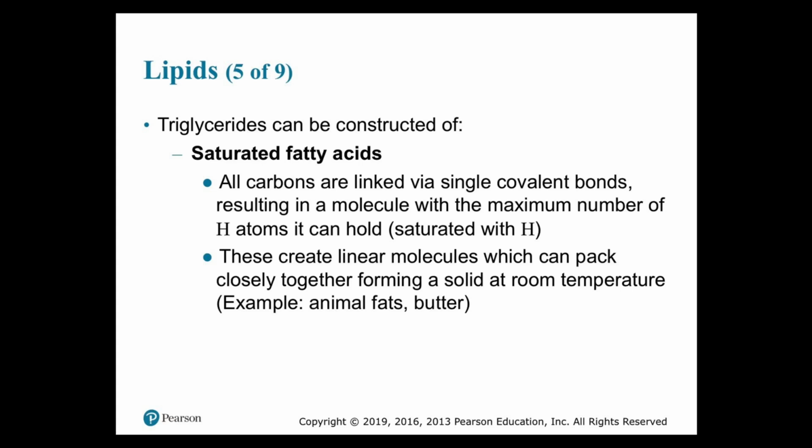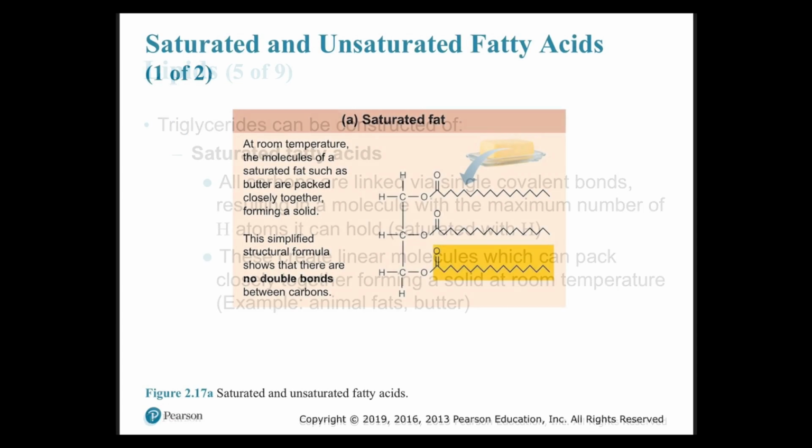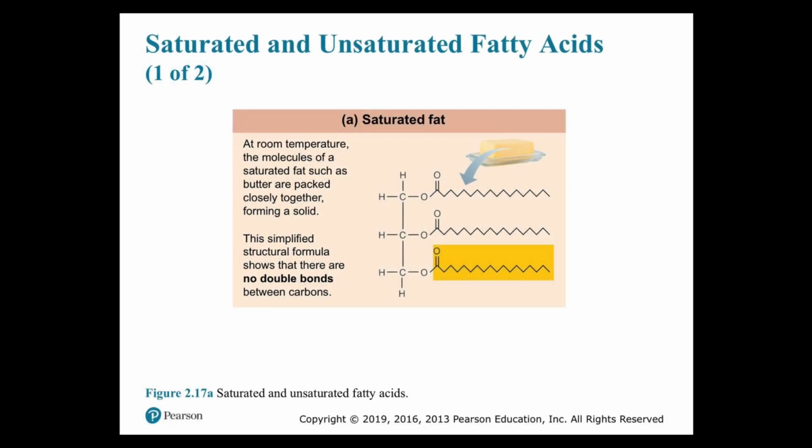Examples: you would find saturated fatty acids in animal fats and butter. At room temperature, butter is solid, and it's because of the linear structure of the fatty acids. Figure 217A shows an example of a saturated fat.